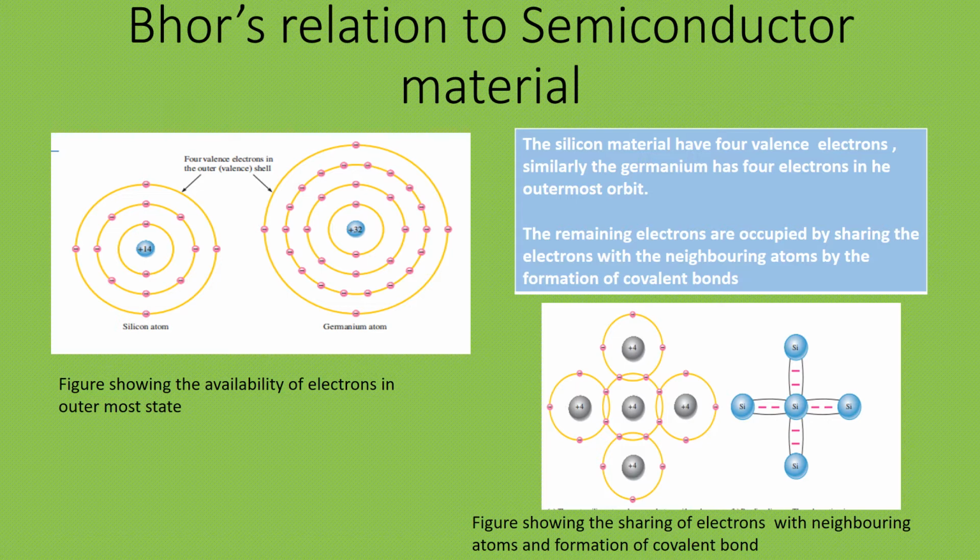Here you can see this central atom wants 4 charged particles, mostly electrons. So to attain stability it shares 1 electron from this, shares 1 electron from this, and in this way it attains stability. Attaining stability leads to the development of electron flow, which is nothing but a current flow in the material.